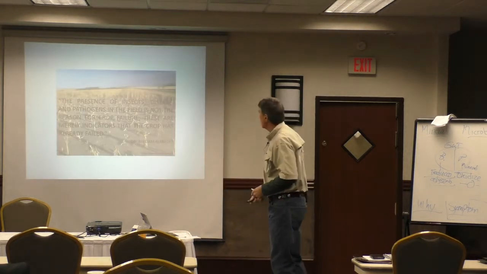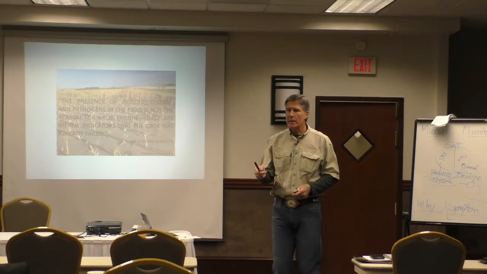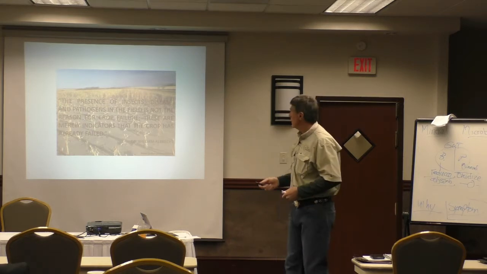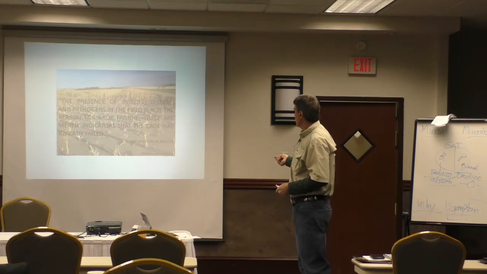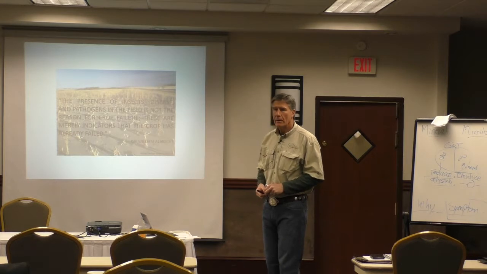In crops, the presence of insects, disease, and pathogens in the field is not the reason for crop failure. These are merely indicators that the crop has already failed. Didn't rain there.